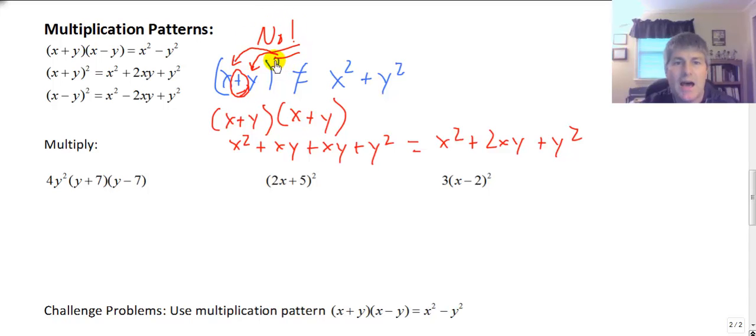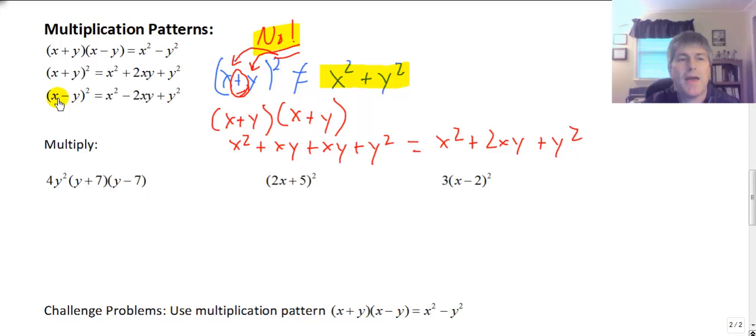So again, you may not impose that square on the x and the y because you're adding inside the parentheses there. Okay, so this is a big, big no-no that you may not do.